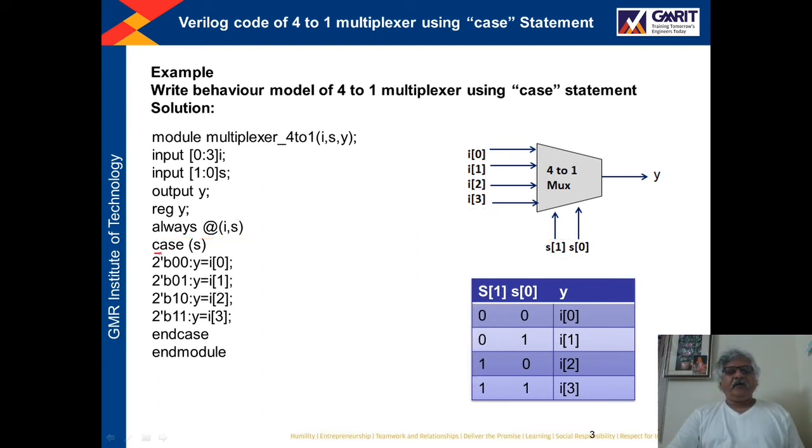Then we have written the case statement by the keyword case. Case is a keyword, and within brackets we have written S. Here S is an example of array type, because for S we have created an array of two elements, S1 and S0. Okay, so here these are the conditions.